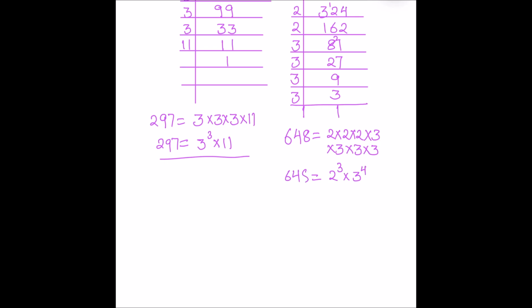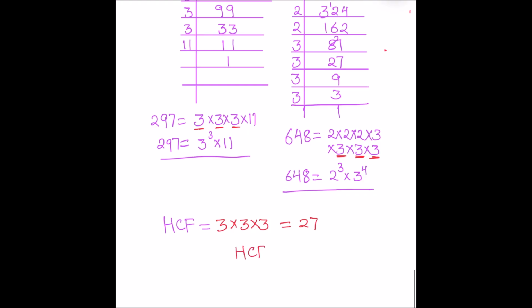This is 648. So we can find the HCF of the two numbers by finding the common factors between them. The common factors are 3, 3, 3 here, and here too 3, 3, 3. So 3 cube is common to both the numbers. So the HCF of the two numbers will be 3 times 3 times 3, which equals 27.